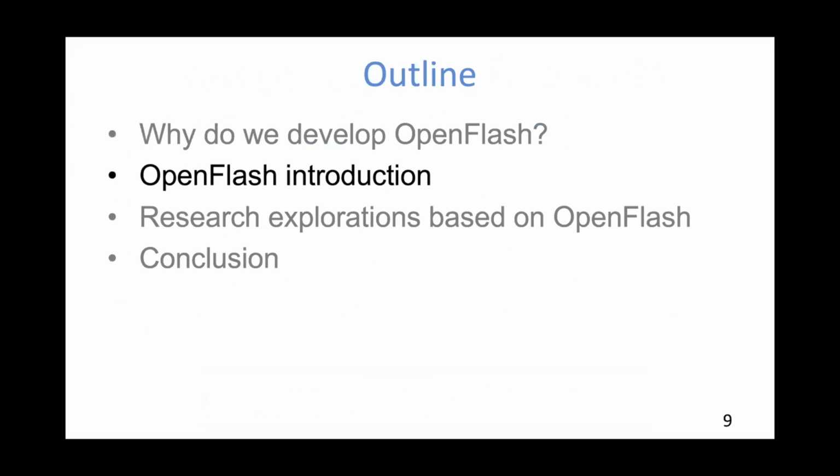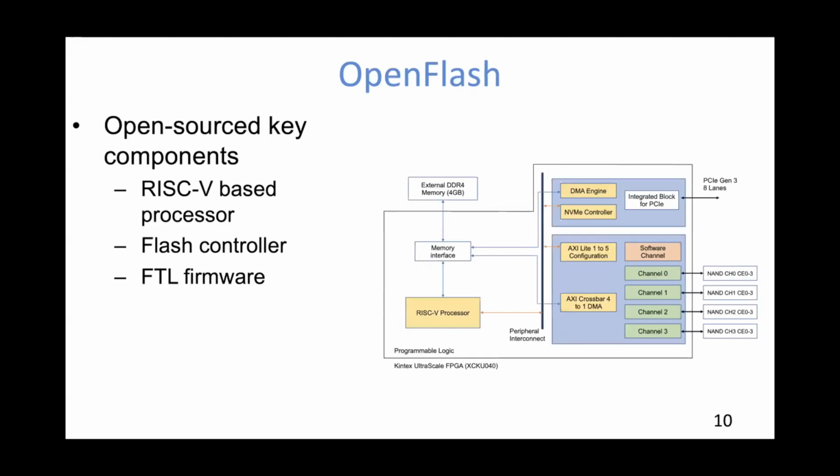Okay, next I will introduce the architecture of OpenFlash and its current status. This figure shows the architecture of OpenFlash. As you can see in this figure, we have a RISC-V-based processor, which runs SSD firmware.